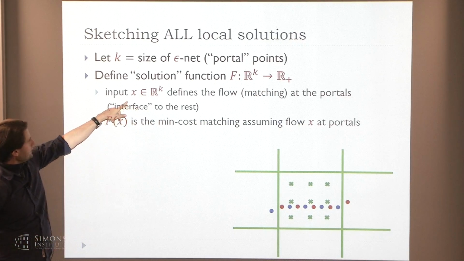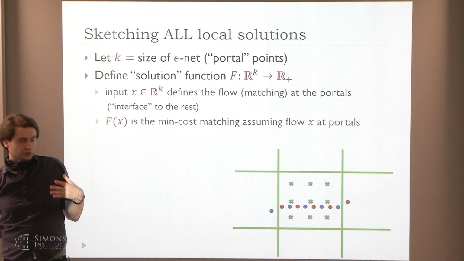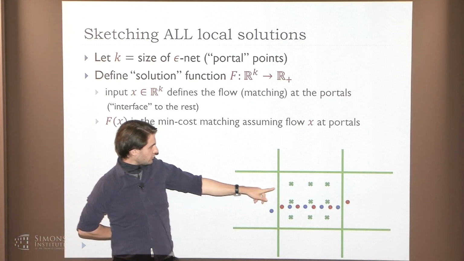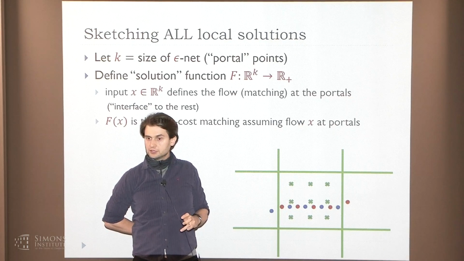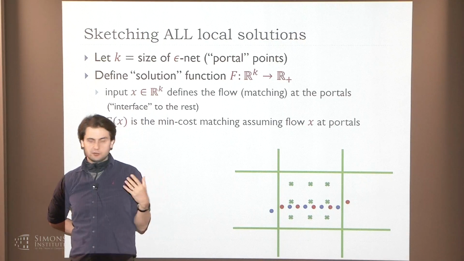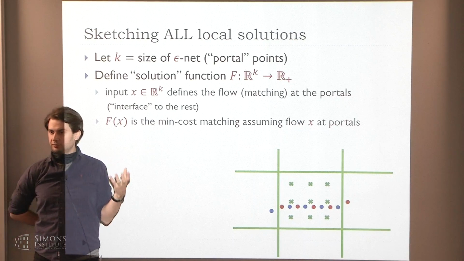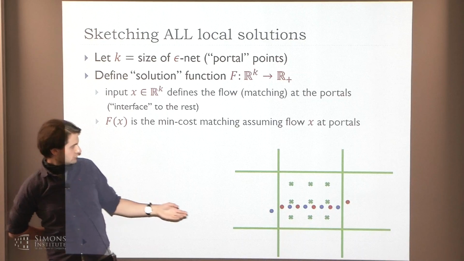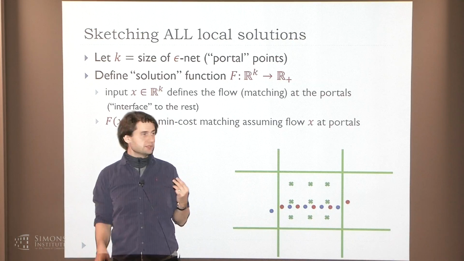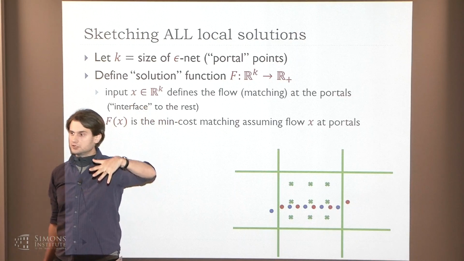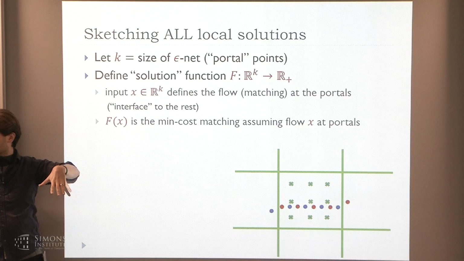For any input x of dimension k, we specify the amount of flow in and out for each of the portals, and f of x is the best matching solution for the points inside this part. You can think about x as defining the interface, and the solution function is a function from the interface to the optimal solution.